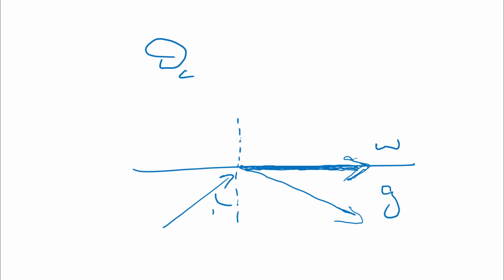Okay, so now that we've addressed what this critical angle is, let's have a look at the formula. The formula gave us that sine of theta crit, the critical angle, is equal to n2 over n1.